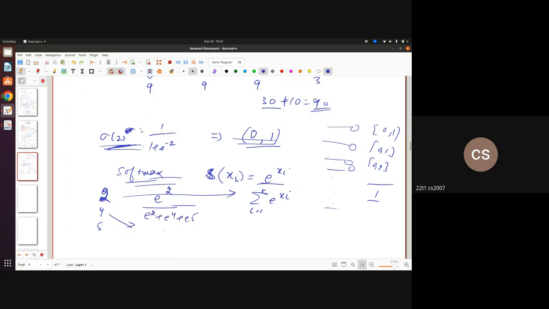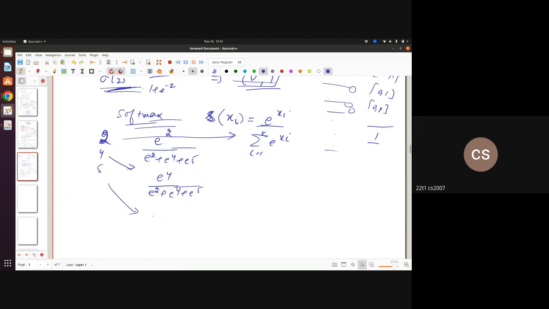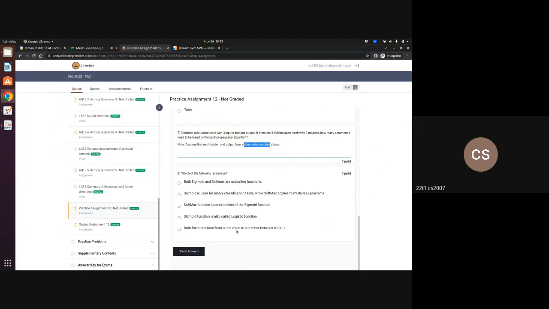The probability pertaining to 4 will be e to the 4 divided by e to the 2 plus e to the 4 plus e to the 5. So the denominator is the same for all, as you see, right? The result is that whatever values are produced, the sum is equal to 1. So that's your softmax function, which is used in multi-class classification.